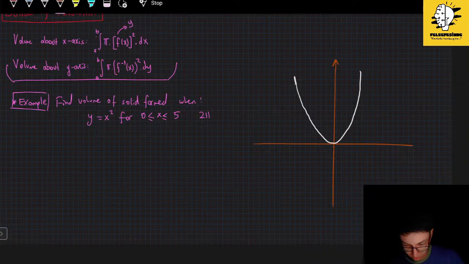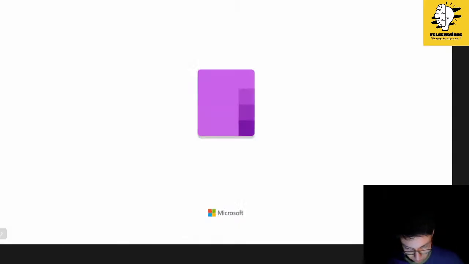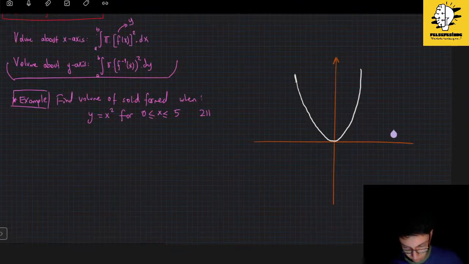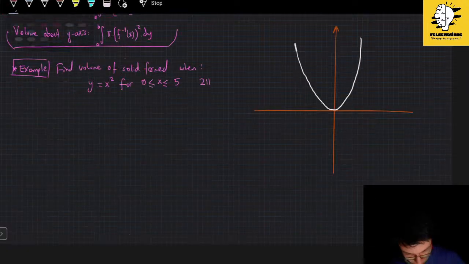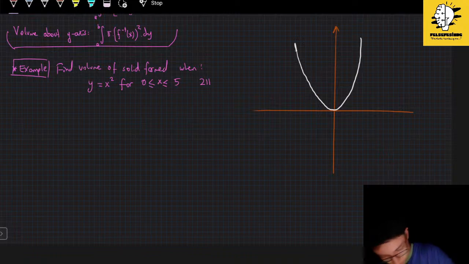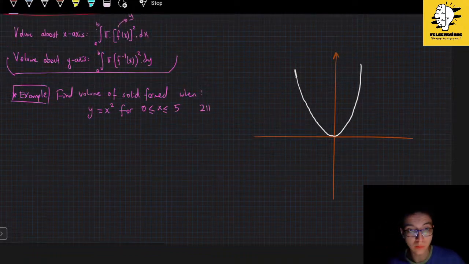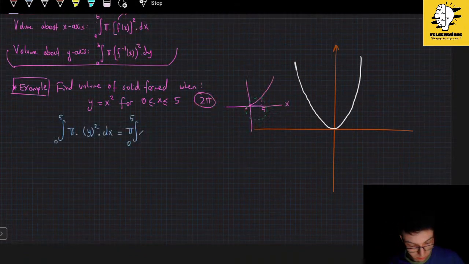And if we do our calculations, we will find that it is pi times 5 to the power of 5 over 5 minus 0, and at the end we will find that it is 625 pi. Yep. This is the logic, guys.